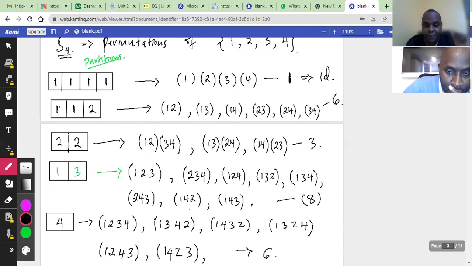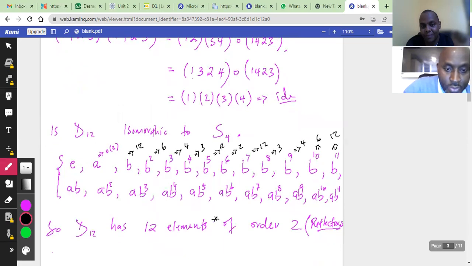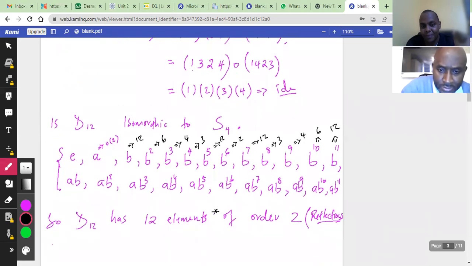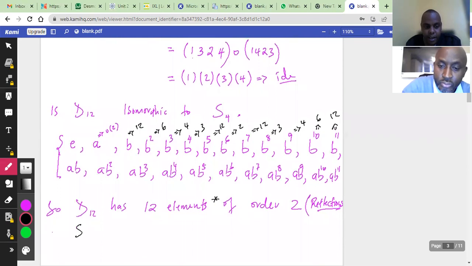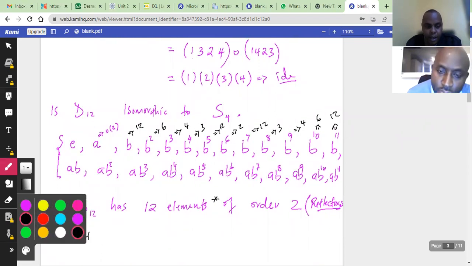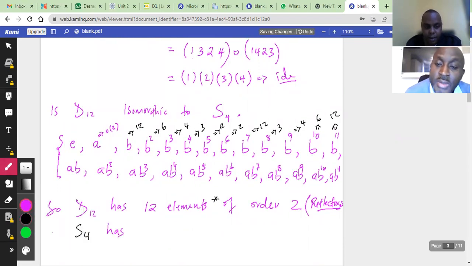Let's see the number of elements of D12 again with order 2. Okay. So D12 has 12 elements of order 2. S4 has 6 elements of order 2. Right?